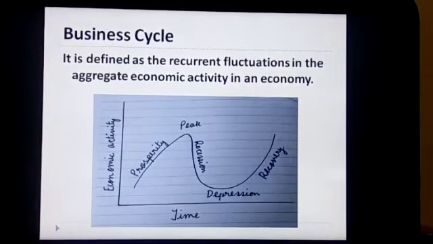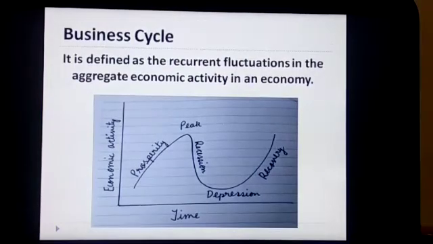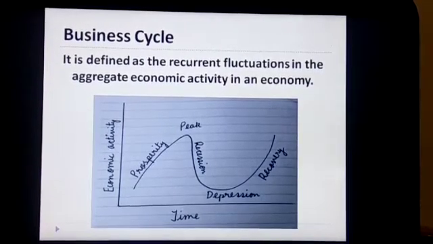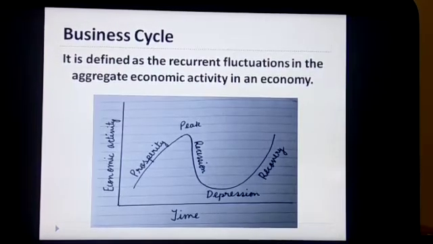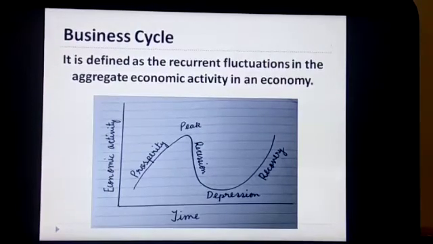A time may come, like this is the time during the pandemic. The activities have stopped. So we are in a state of recession. The activities have totally stopped, so things will not be the same. Sometimes there is recession, sometimes there will be a good time called peak. So it is a continuous fluctuation in the aggregate economic activity of an economy.